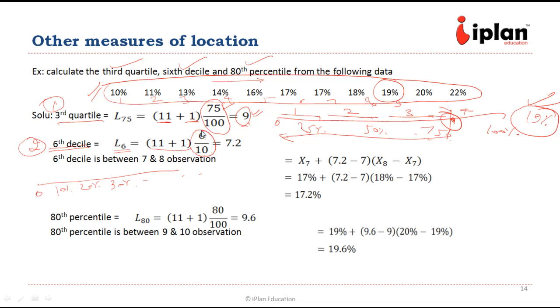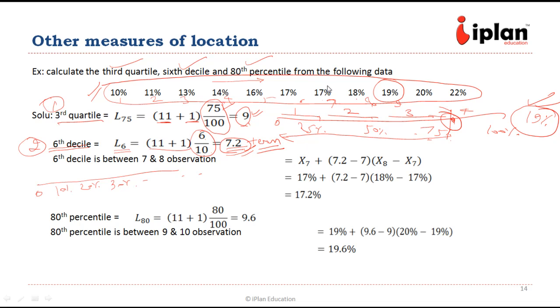Sixth decile is 6 by 10. So we need to have the value of not 7.2% but 7.2th term. But there is a problem, since we know that there is only 7th term and there is only 8th term. We don't know what is 7.2th term. We need to calculate the value which corresponds to this term.